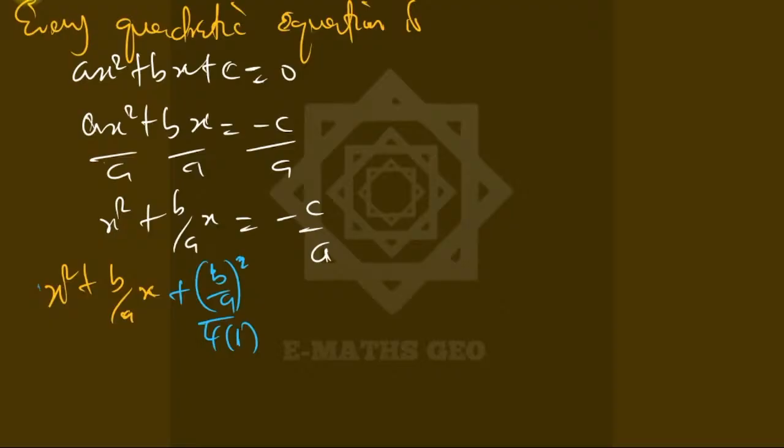It will reduce stress. And since we have an equation, whatever you do to the left, you do to the right. We can't leave it this way. If you leave it this way, we've changed the equation.